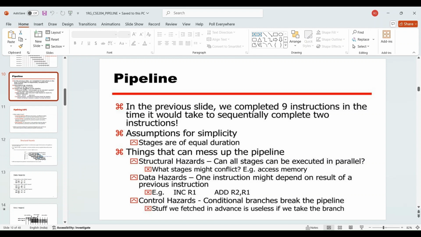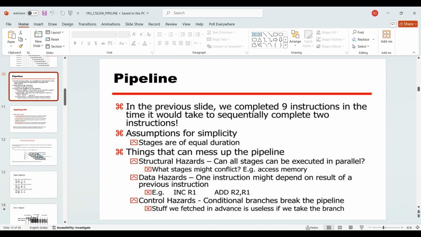And if the same access is required by two different instructions at the same time, that may not be possible. If the memory is single ported, then there is only one read and one write. But if two reads are required, that will not be possible. And that gives structural hazard.